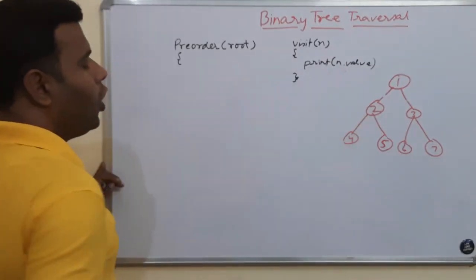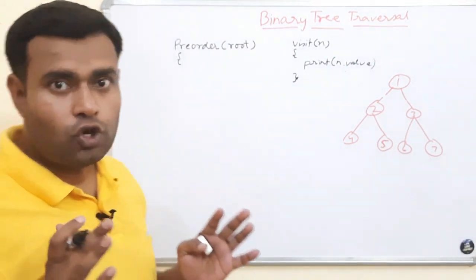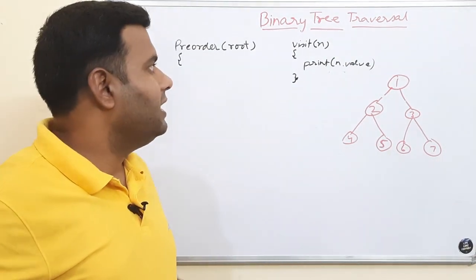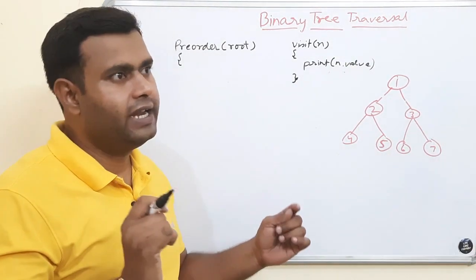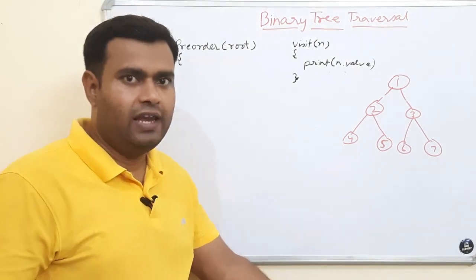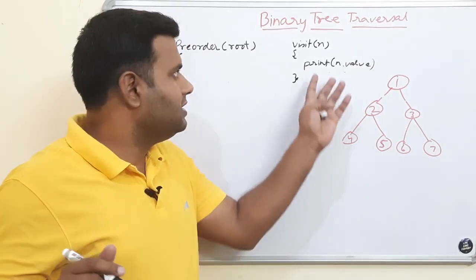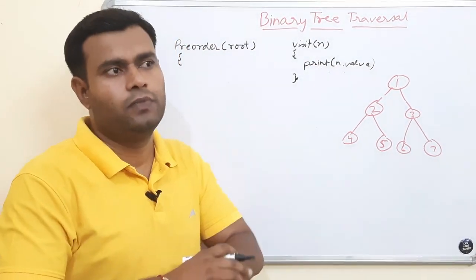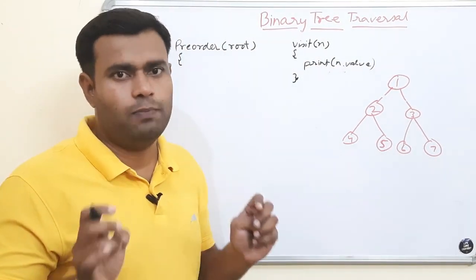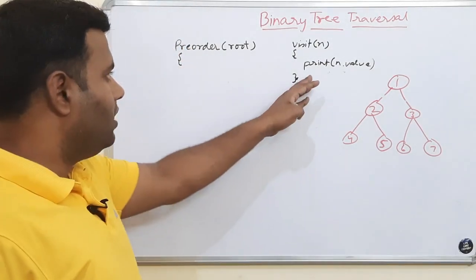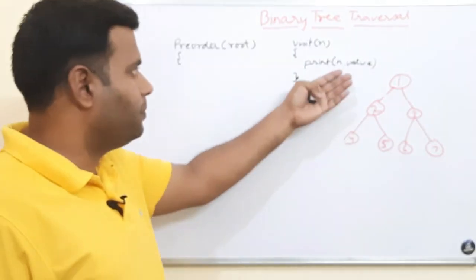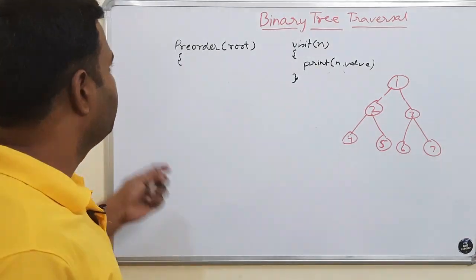So this can print, or it can do some complex operation, like send it over the network, or write that particular file on the disk, or whatever. This visit is like your own logic in that particular application. So here, for simplicity, I am taking printing this element.